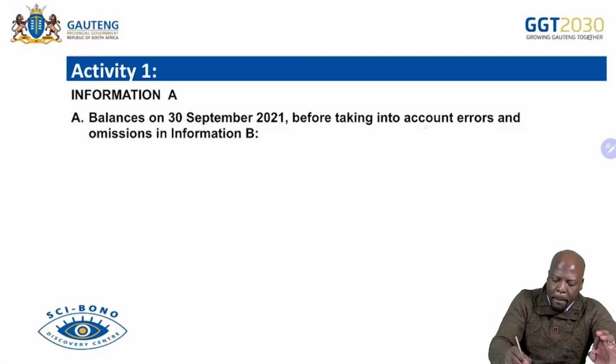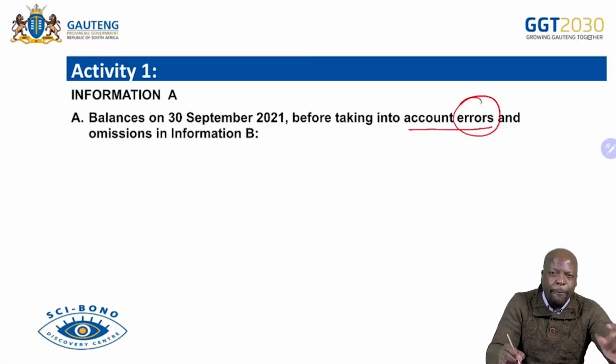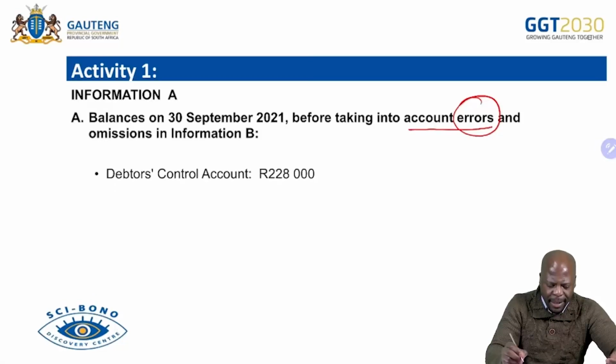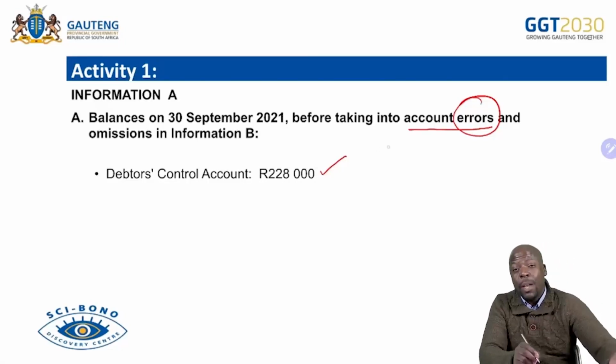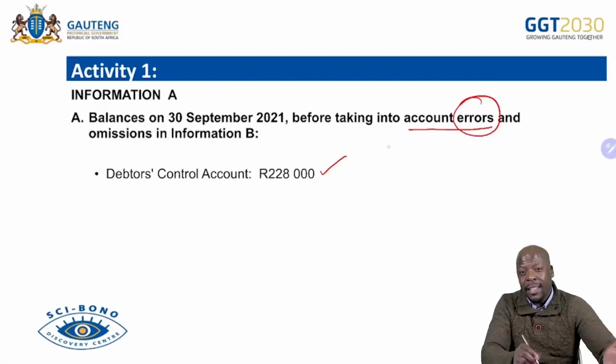So they're telling us before we consider the errors, because we want to consider the errors, there were balances. And let's see what were the balances. The debtors control was 228,000. That is the balance of the debtors control before we consider the errors.